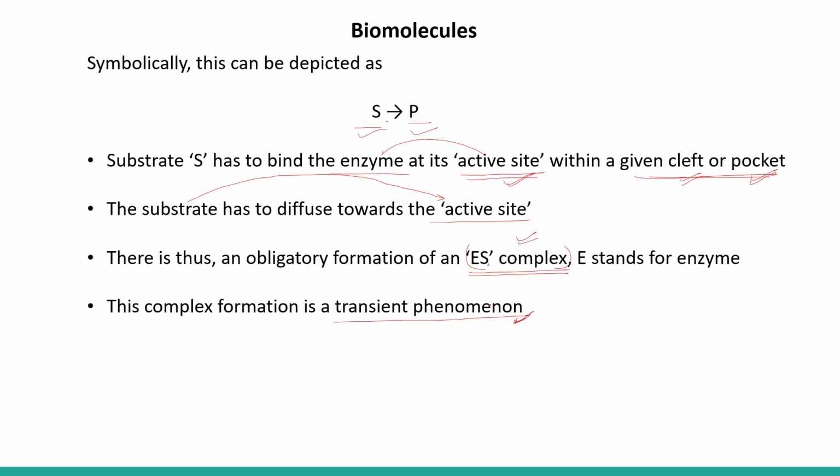The result will be the product. But before the formation of product, there is a transient stage in which the enzyme-substrate complex is formed. Now, this enzyme-substrate complex after a certain time gets detached and a new product is formed.